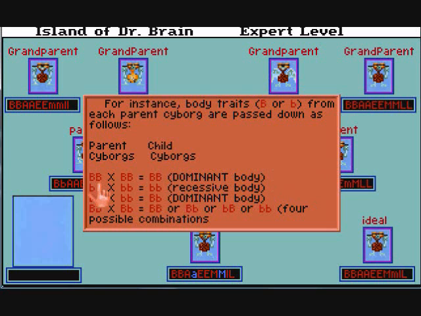So here, for example, if both parents had both pairs of dominant bodies, you would have a dominant body. If they both had recessives, you would have a recessive body. If one parent had both dominant traits, and the other parent had both recessive traits, you would yield a dominant body because you have at least one dominant trait. But if they both have both a dominant and a recessive trait, there's a possibility that 3 out of 4 times you could be dominant, and 1 time you could be recessive. Anyone who's done Punnett squares in biology will know this.